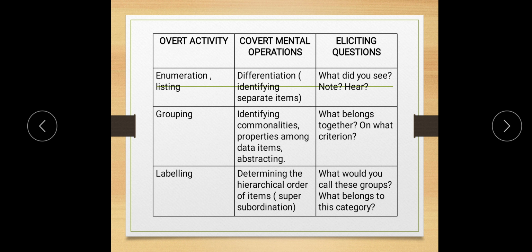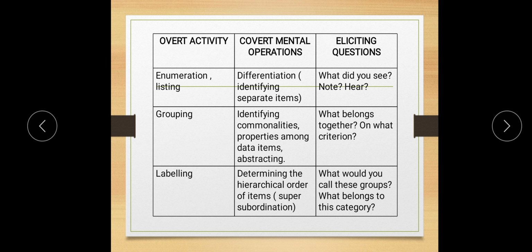Now after they differentiate or list or enumerate, the second thing is grouping. Here they have to identify commonalities or properties among data items. In the first category, where we talked about differentiation or enumeration, they were doing it at the mental level. They are trying to find out how different they are and in what way they can categorize them.